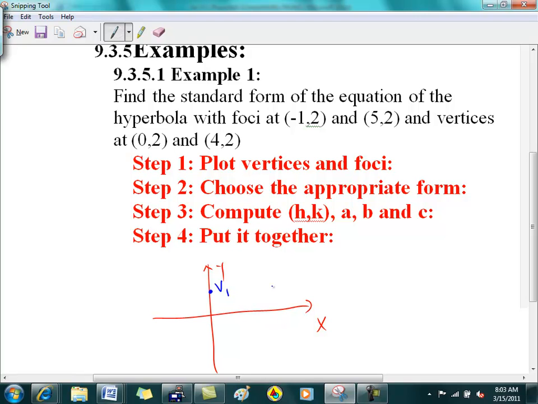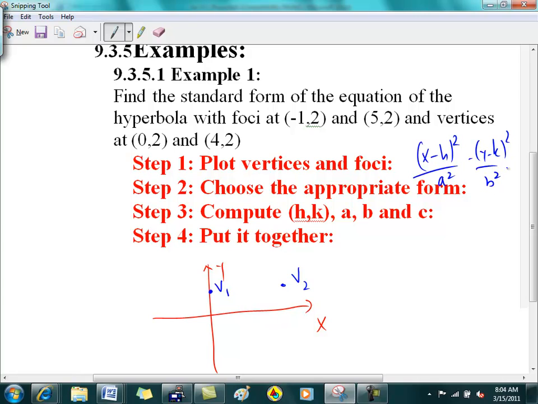So it'd be out here. So which way is this going to be oriented? Horizontally, so the equation you're going to choose is this one. A is always the first one there, okay?